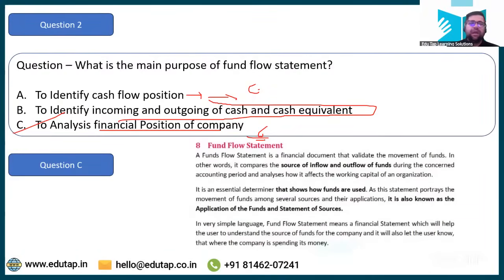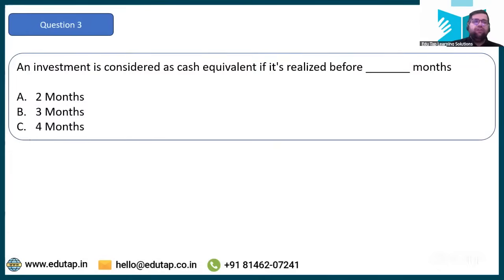So if the working capital option was mentioned, then yes, that particular option will look correct, not the financial position, because in fund flow statement, the major focus is on working capital only, right? Question number 3 was related to an investment is considered as cash equivalent if it's realized before dash months. Yes, working capital will be correct if that was the option.